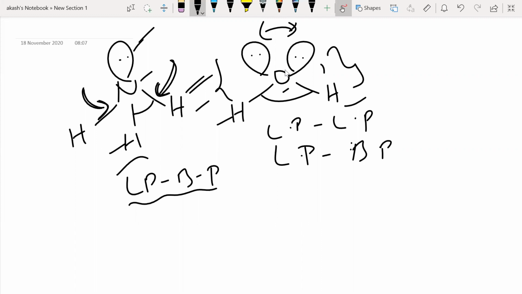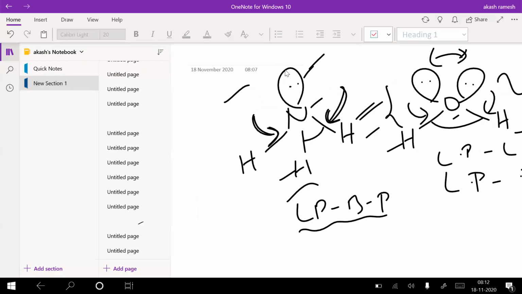So again, this is going to move towards this side, this is going to move towards this side, and the repulsion experienced here is pretty high compared to this case. Now tell me, according to all the discussion we had, which is going to have a higher bond angle, NH3 or H2O?